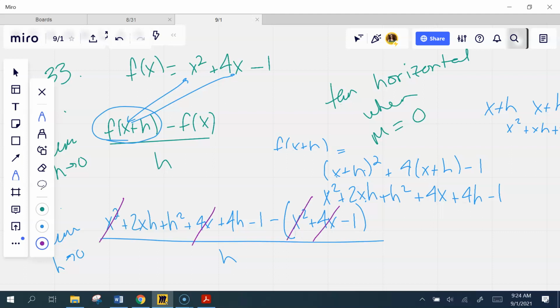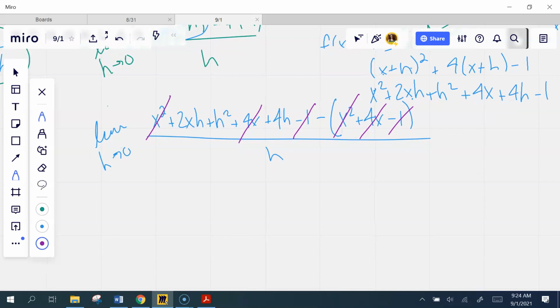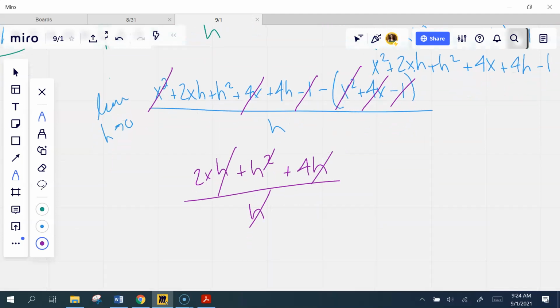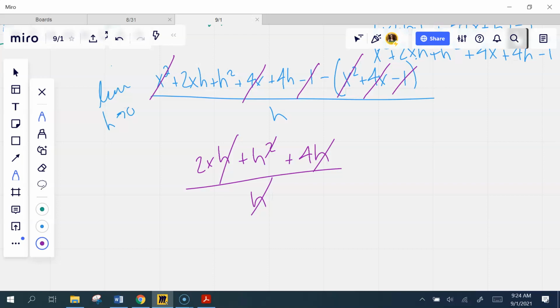This cancels. And this cancels. So what I'm left with is 2xh plus h squared plus 4h over h. Because I took an h out of everything, as long as I do it out of every single one of them. I took an h here, here, here, and here.